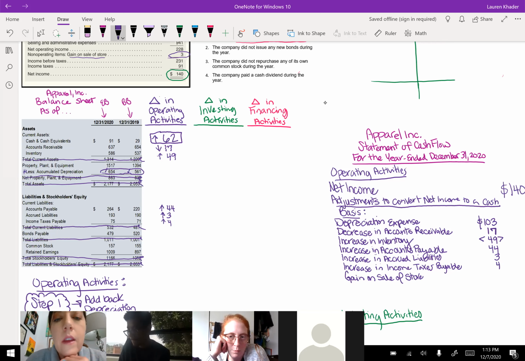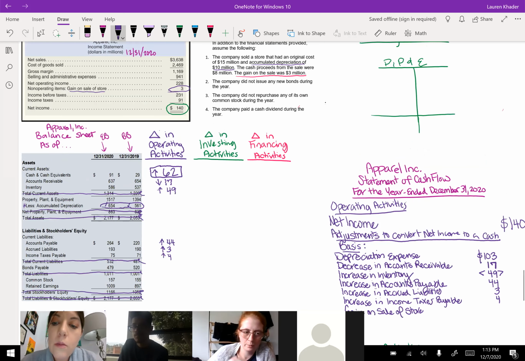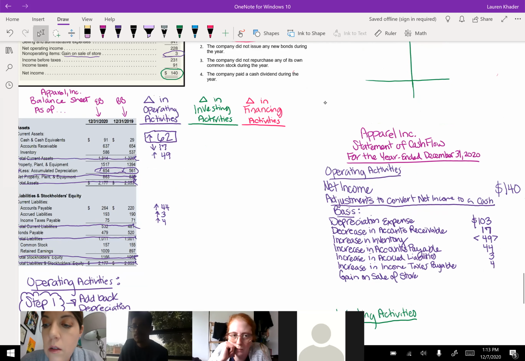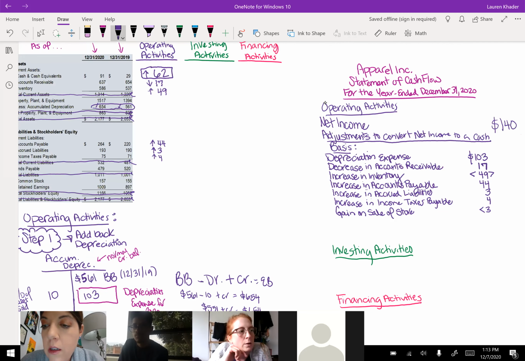And a gain on sale increases your net income. So in order to convert this number to a cash basis, what do we need to do with that gain? Subtract it out. That's correct. So we're going to subtract 3.